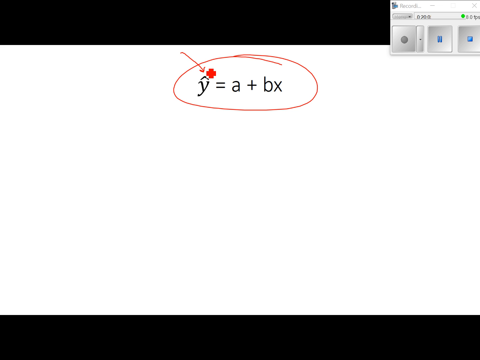But in this formula, the coefficient that's with the x, that's always your slope. Then the other number is your y-intercept.